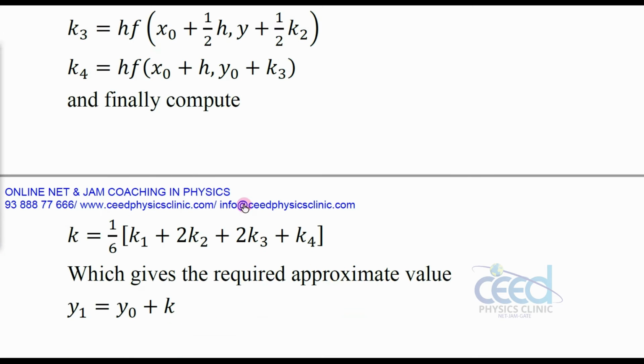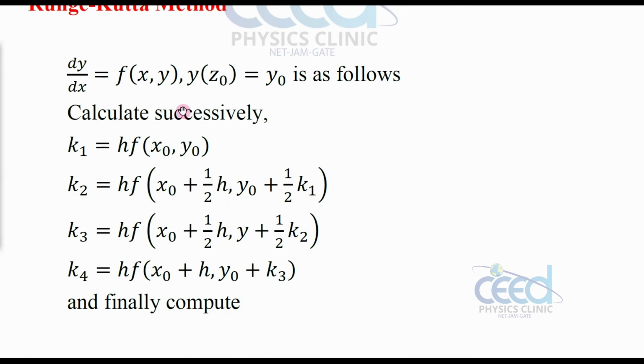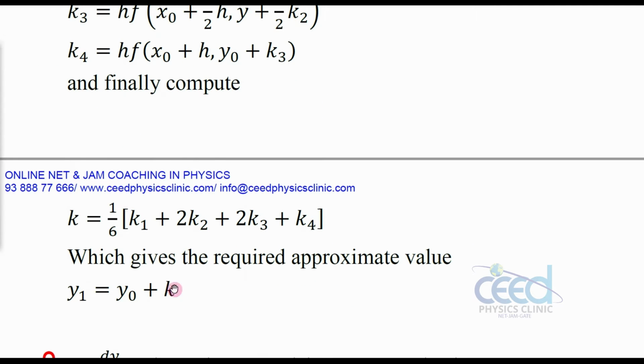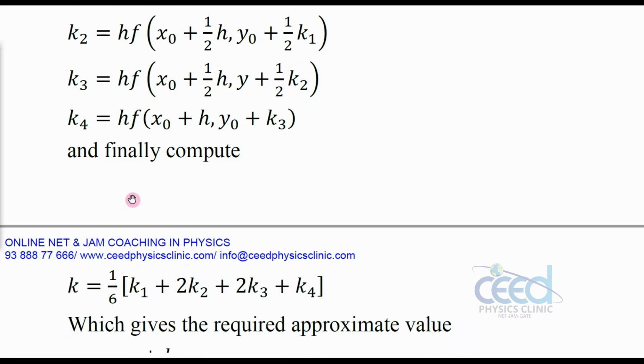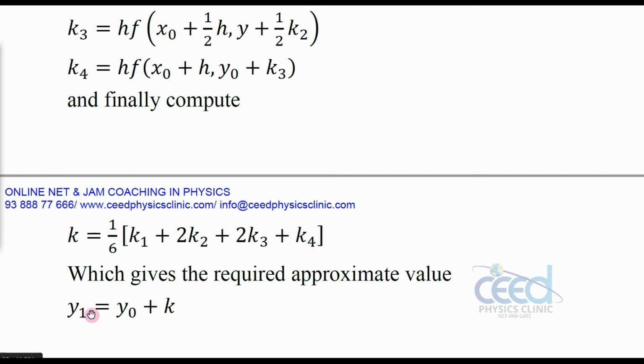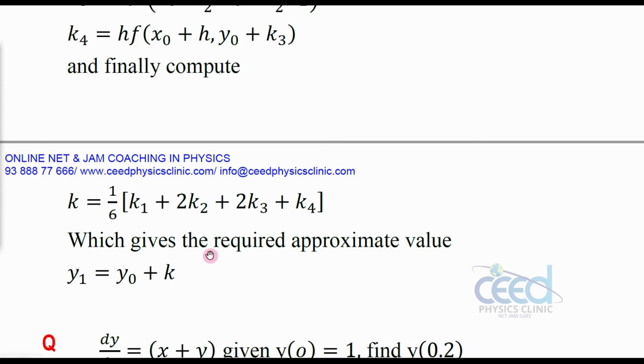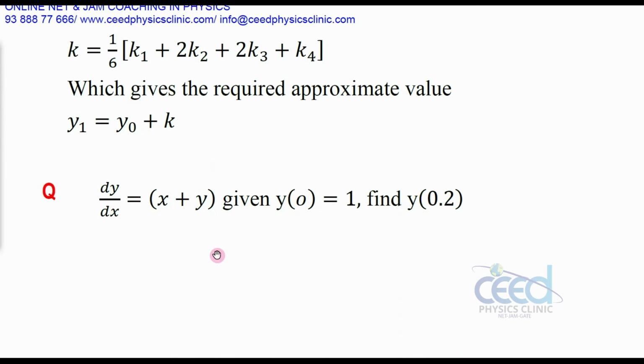The required value of the function, that is y of 0.2 or whatever we have been asked, is given by the initial value y0 plus the k which we have calculated. So this is the final result. When I do one problem, you will get the correct idea.